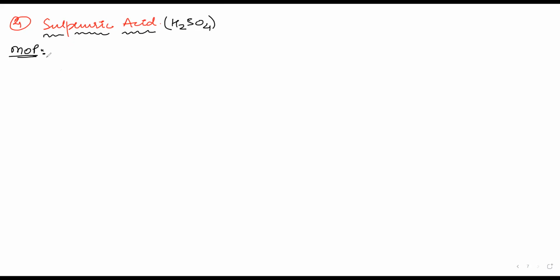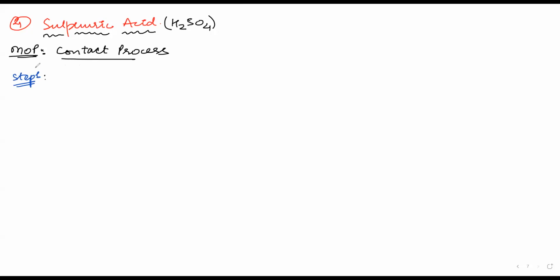Contact process. This is the name. Now in this there are a few steps. Step 1. Can anyone guess step 1? It is similar to the nitric acid preparation.